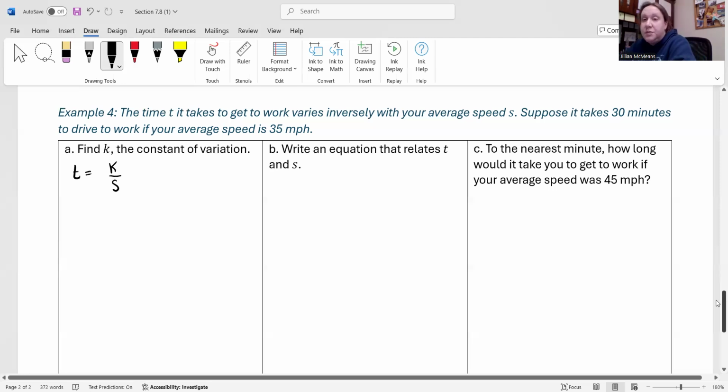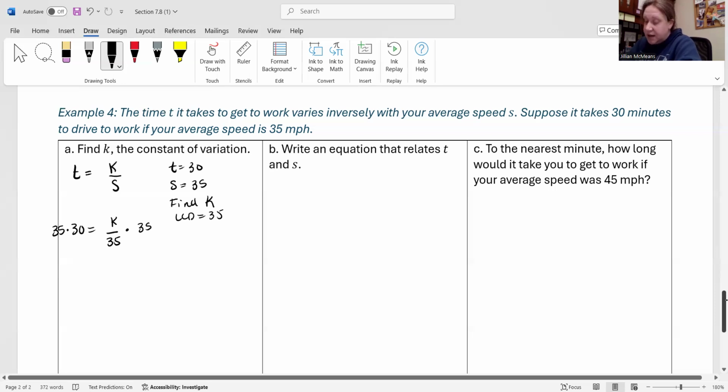Now suppose it takes 30 minutes to drive to work if your speed is 35. So we're being told, okay, t is 30 and s is 35. Find k. So we're going to plug in what we know. We know 30 equals k over 35. We need to solve for k, so we've got an LCD of 35 here. We want to multiply both sides of this equation by 35.